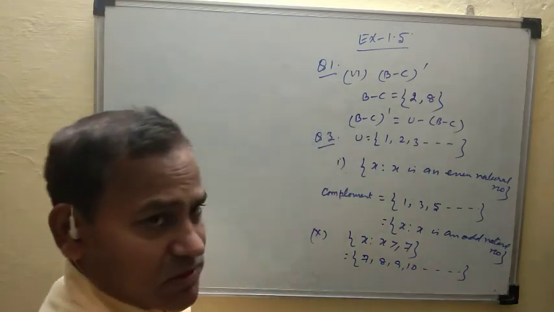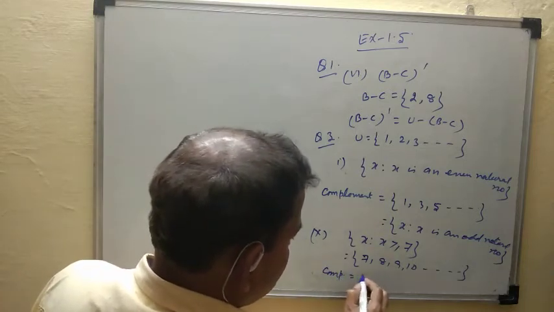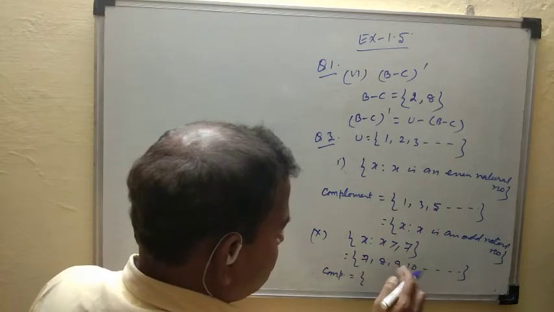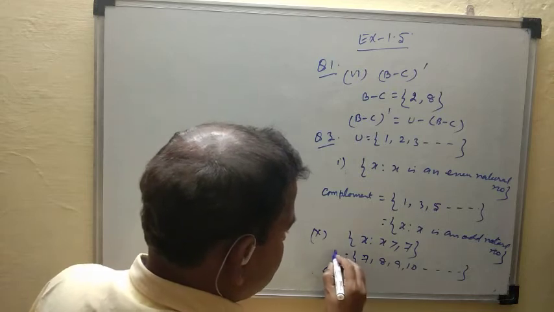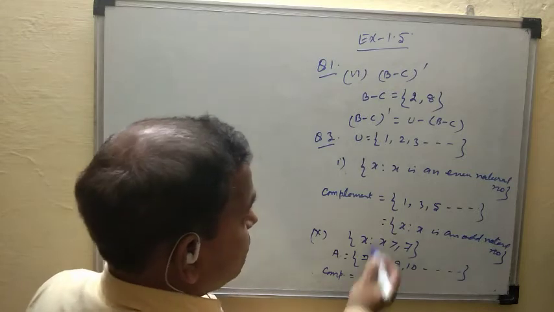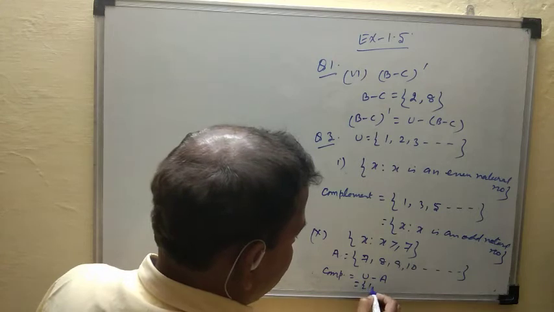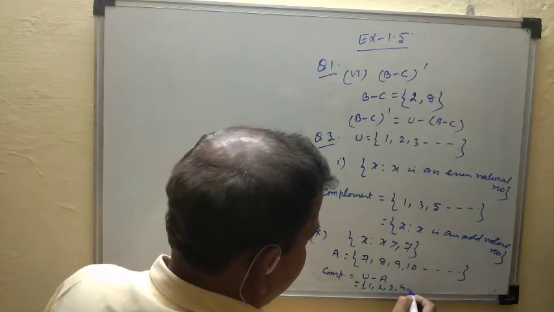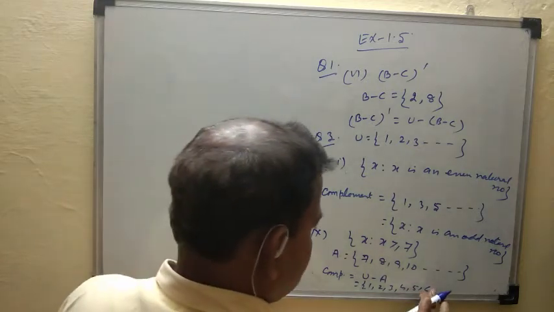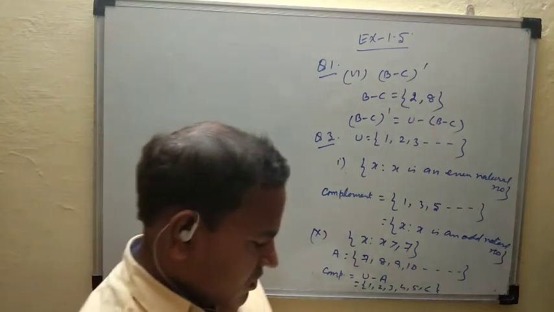Its complement is equal to U minus this set. Suppose this set is A, then U minus A, where U is all natural numbers, minus A. So this becomes 1, 2, 3, 4, 5 and 6. This is the complement. So question number 3 is also easy.